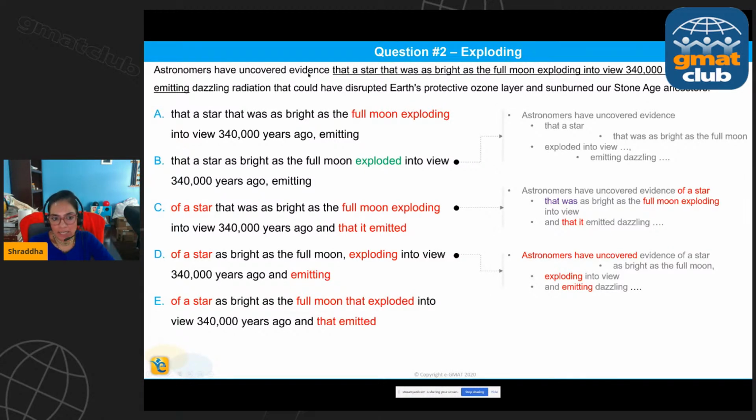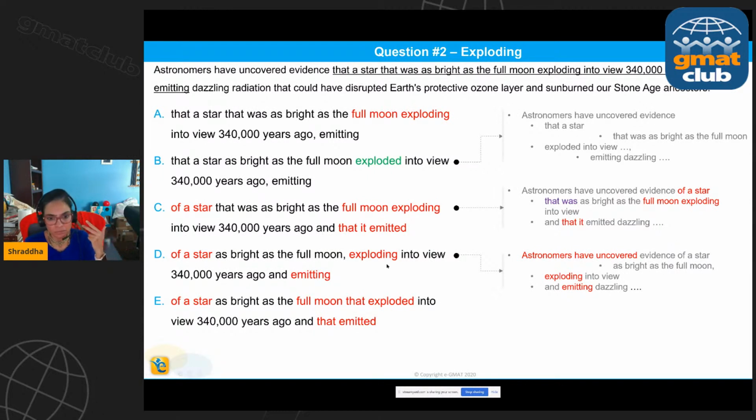Astronomers have uncovered evidence of a star as bright as the full moon, comma plus verb-ing modifier. So now, comma plus exploding is actually modifying the action have uncovered. Does that make sense? Most definitely not. The explosion is not the outcome of the uncovering of the evidence. So my meaning is absolutely incorrect in this sentence.